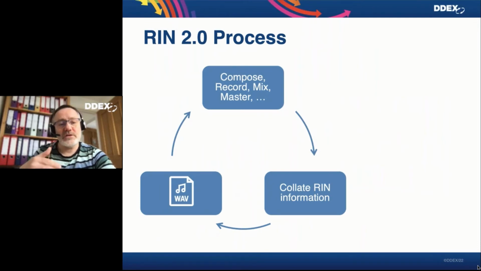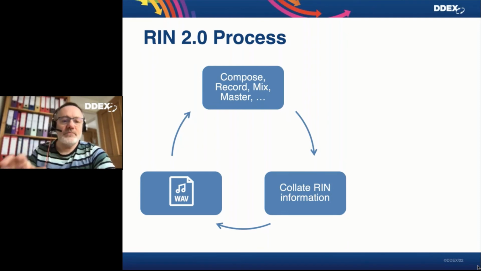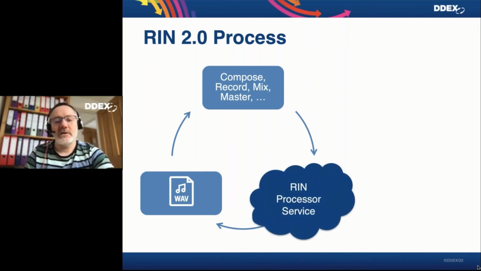So the process now looks like this: you still have this circular kind of enriching, and the music gets better, and more mixes and more stems and more stuff is being added. That still goes on. It's much more chaotic, obviously, than a clean circular motion. But this collection of the metadata actually happens in the cloud.